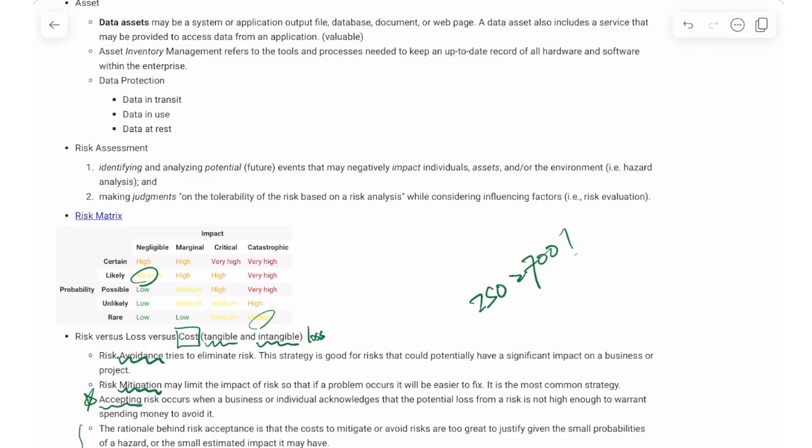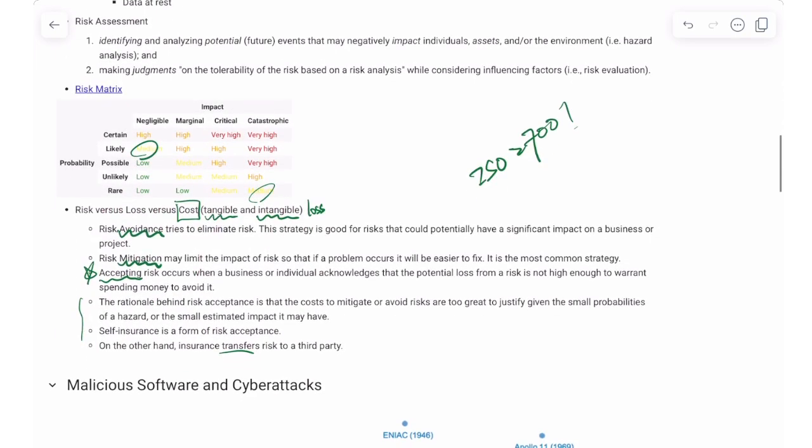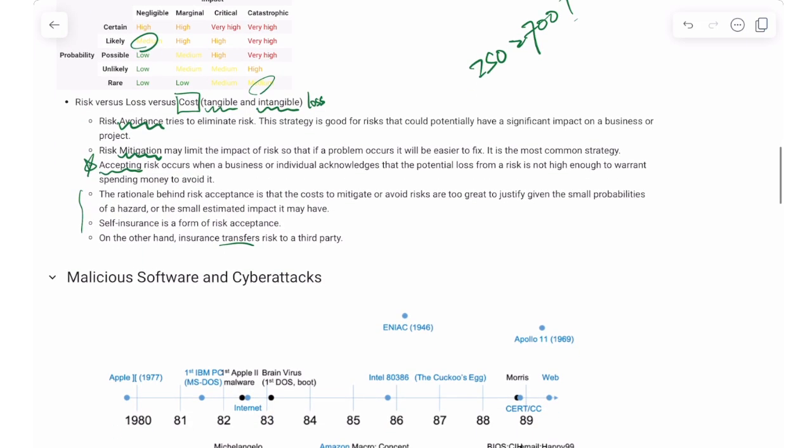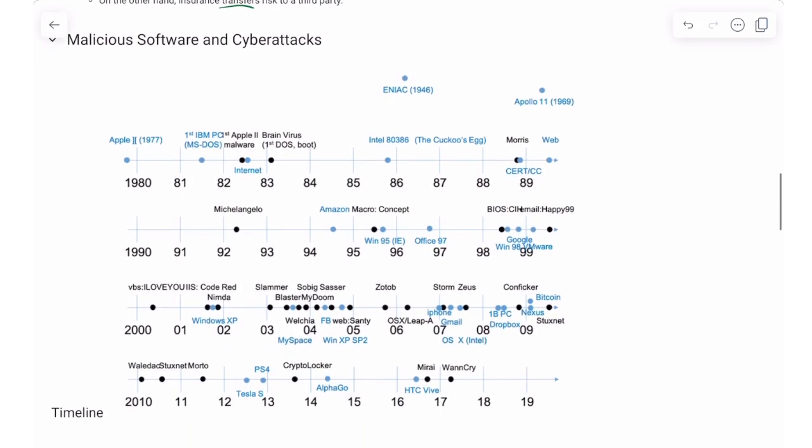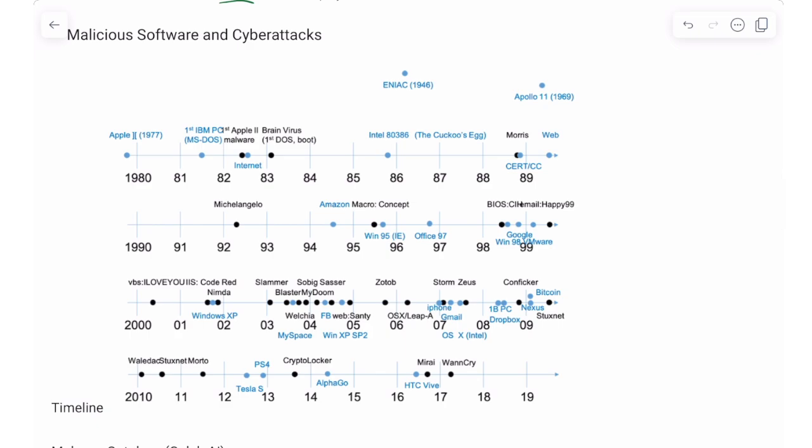So there are a lot of different standards, policies, and rules that help your company to be much safer than in old times. Okay, so the second topic I would like to talk about in M01 is malicious software.